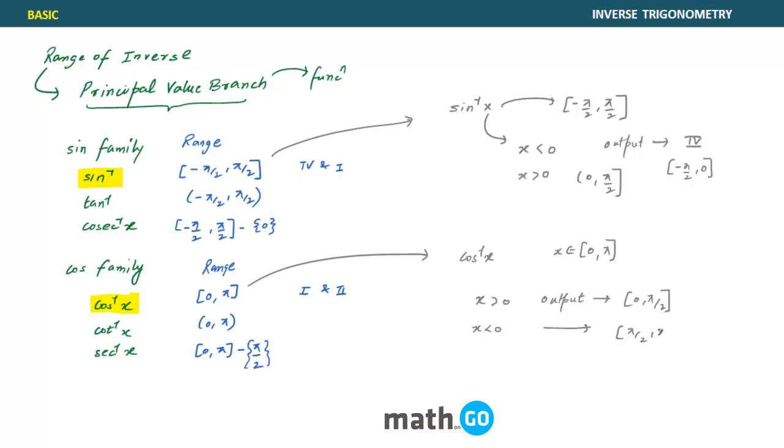So this is the change: for cos family members, a negative input will give a second quadrant angle. Remember, the answers to inverse functions are angles, very important, which are generally in radians. So the answer is in radians. And if the input of the cos inverse function is negative, you will get answers in the second quadrant.